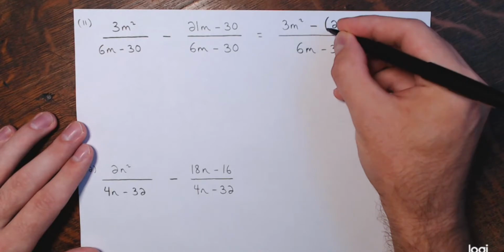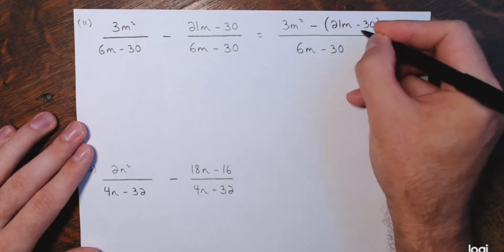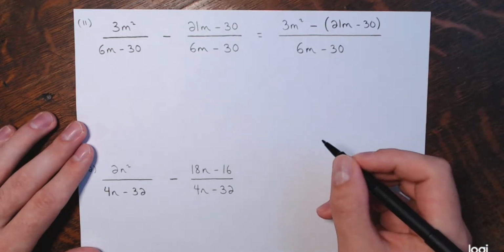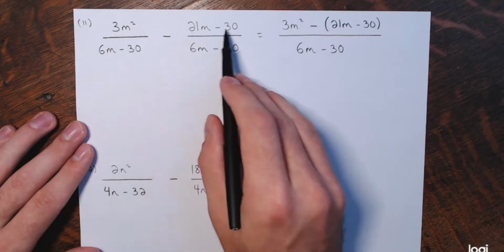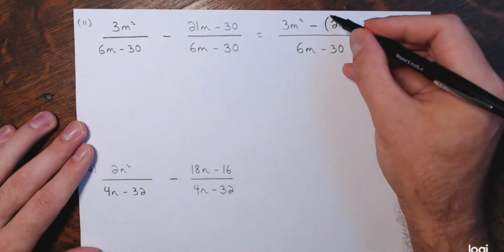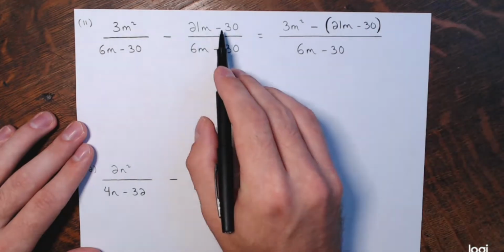So the quantity, 21m minus 30. And people very often tend to forget this. They'll just put minus 21m and then minus 30. They'll just write the whole thing as it was. You're subtracting the entire numerator, not just the first term.